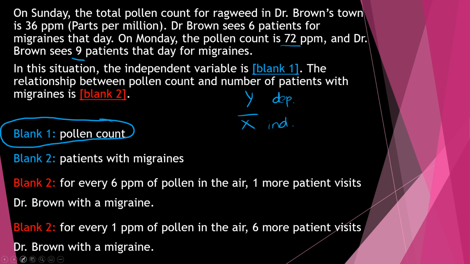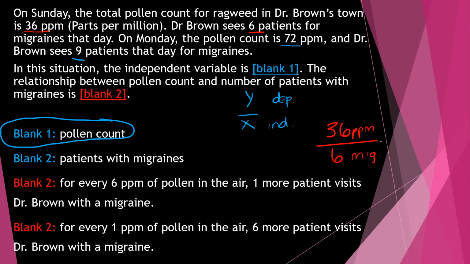Now for blank 2, we want to know the relationship between the pollen count and number of migraines. If I look here at this 36 ppm for 6 patients, there's 36 parts per million of pollen count and he has to see 6 patients with migraines.